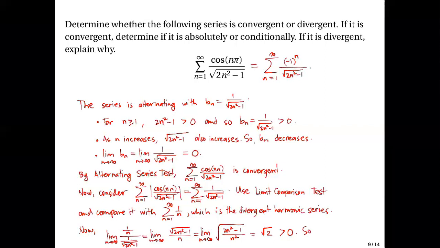So, the series absolute value of cosine of pi n over square root of 2n squared minus 1, from 1 to plus infinity, is divergent. So let me put it here.